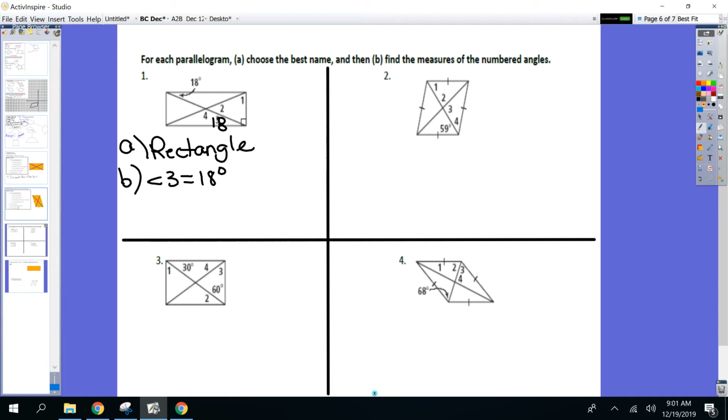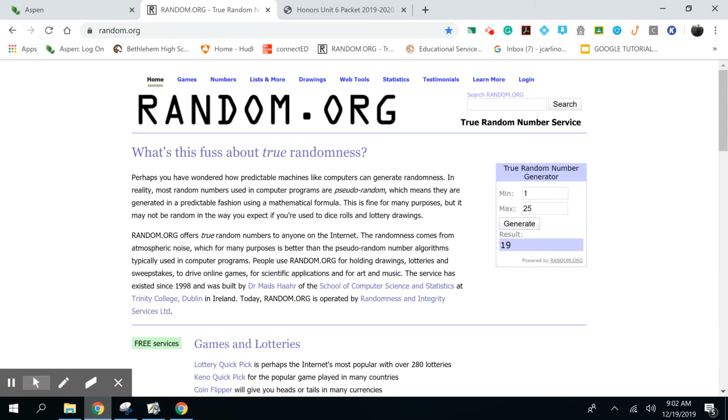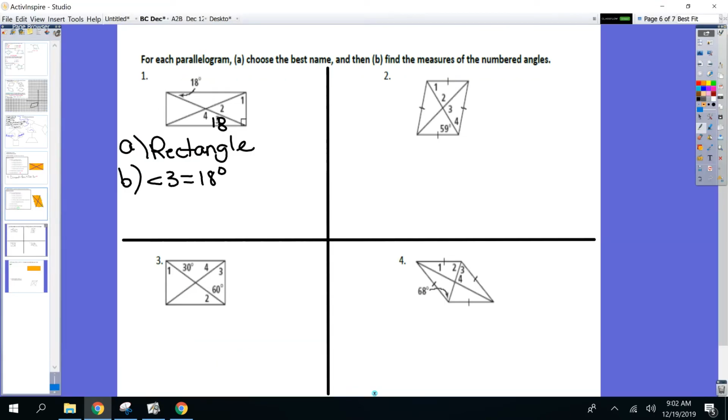Get me another angle somehow. Again, find an unmarked angle if it gets you there. Where do you want to go? Okay, that is correct. Angle 1 is 72. How'd we get there?